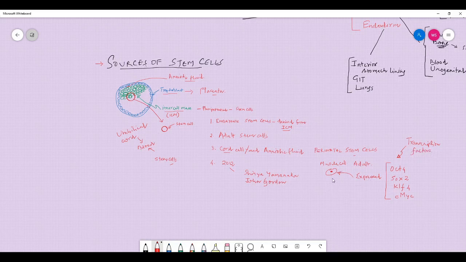So this resulted in this cell becoming genetically reprogrammed, meaning they turned into stem cells, pluripotential.